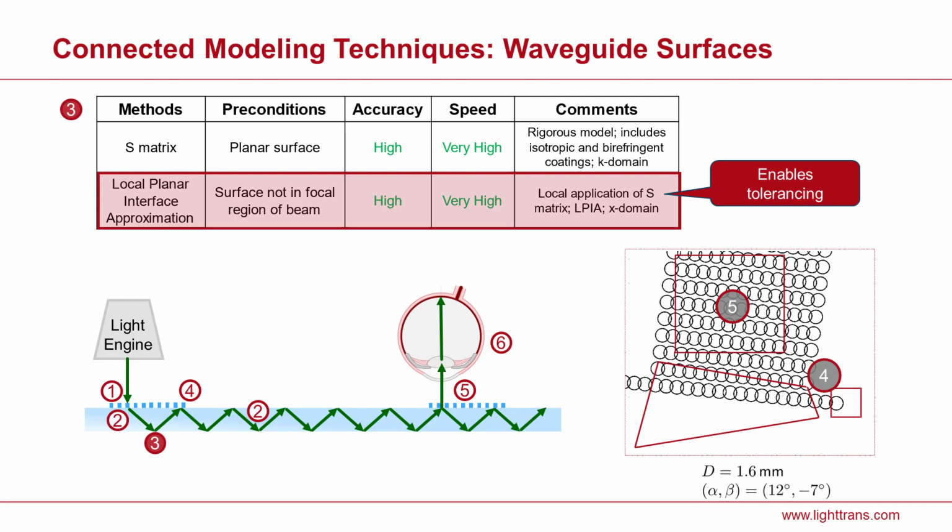In this case, we tend to choose the second one, as it allows us to perform a tolerance analysis of the device with respect to the curvature of the waveguide, for example, which is impossible when we assume ideally plane surfaces, or it's also possible with the LPIA to consider directly curved waveguides from the beginning. So here, without a doubt, we choose the local plane interface approximation for the waveguide surfaces.